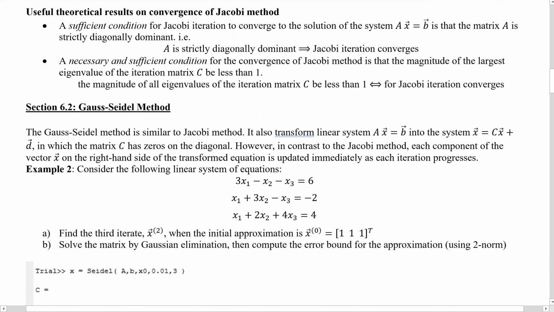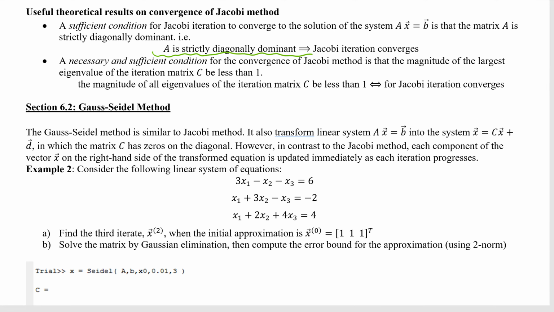Next, useful theoretical results on convergence of the Jacobi method. A sufficient condition for the Jacobi method to converge to the solution of the system Ax equals b is that the matrix A is strictly diagonally dominant, i.e., if A is strictly diagonally dominant, then Jacobi iterations converge.